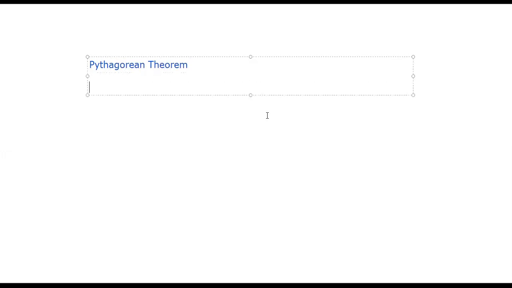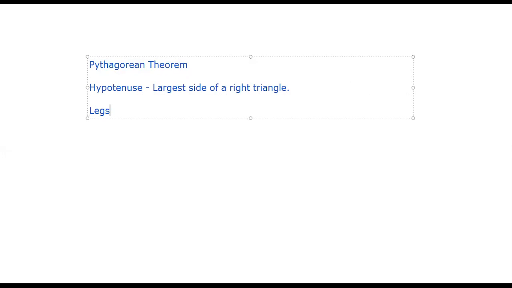And the Pythagorean theorem, we look at the hypotenuse, which is defined as the largest side of a right triangle. And the legs are the two smallest sides of a right triangle.